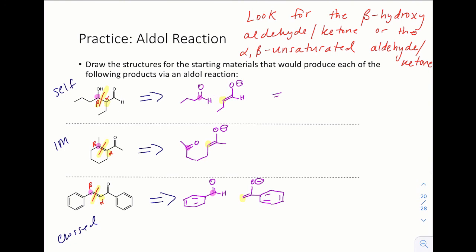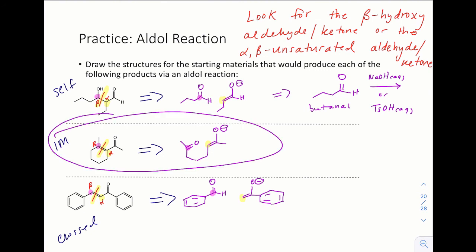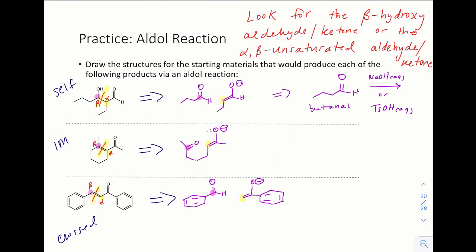So this just comes from butanal undergoing a self-condensation. So either aqueous base, or you don't put both on an exam, you just choose one. So basic or acidic conditions. For the intramolecular example, this intermediate would have been involved in the key bond forming step. We can go ahead and just draw the neutral compound from which this species came.